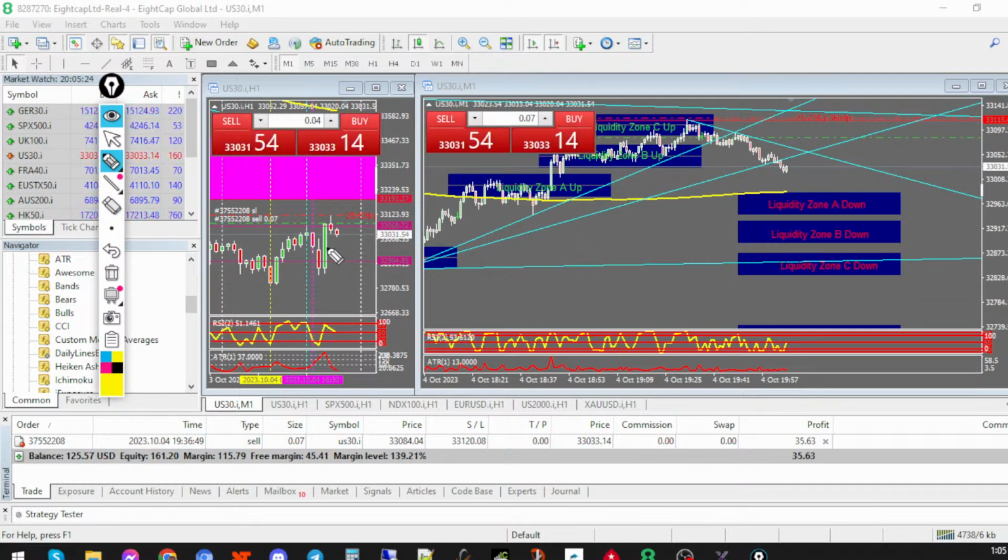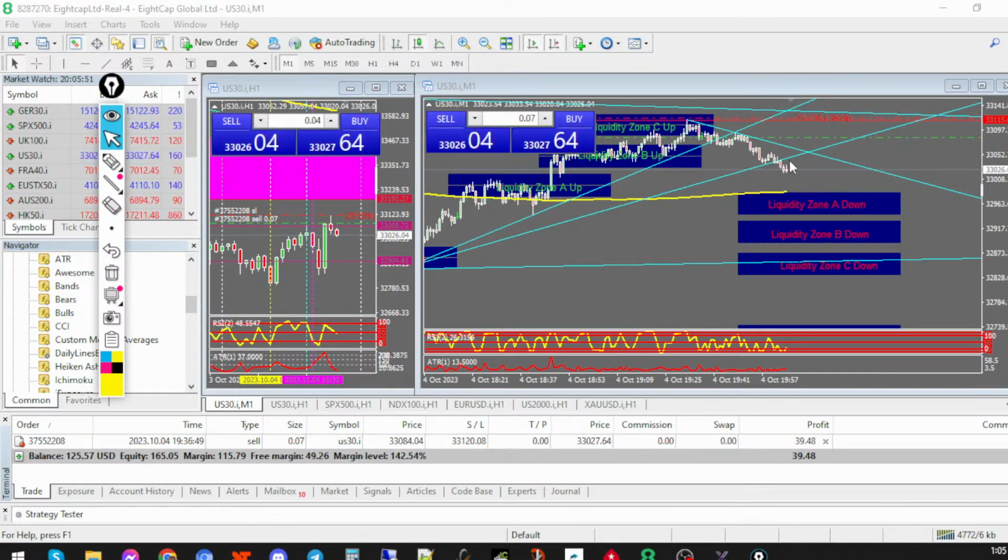Getting a pullback. I'm going to move to break even now because we had this correction, and now we're coming down.